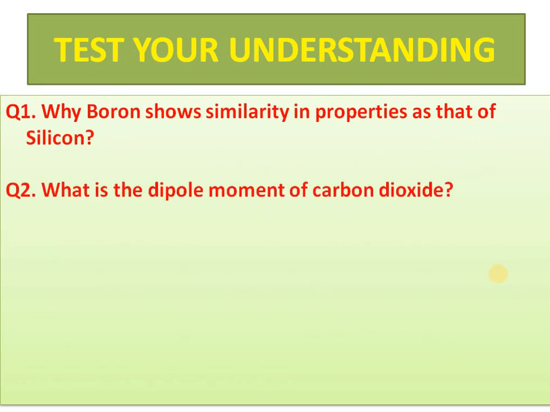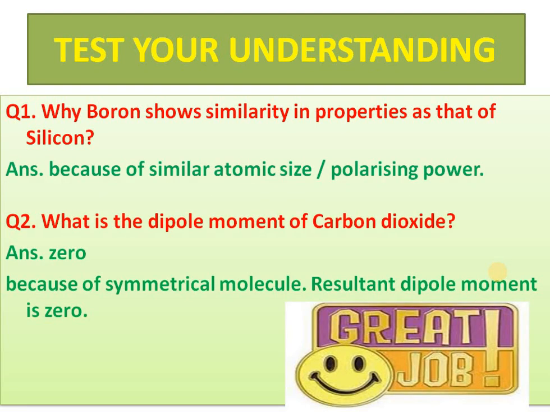Now, why does boron show similar properties to silicon? Second, what is the dipole moment of carbon dioxide? You can pause the video, think, and then finally check the answer. That is the best way. Because of similar atomic size, diagonal relationship shows similar properties, because atomic size is the same or polarizing power is the same.